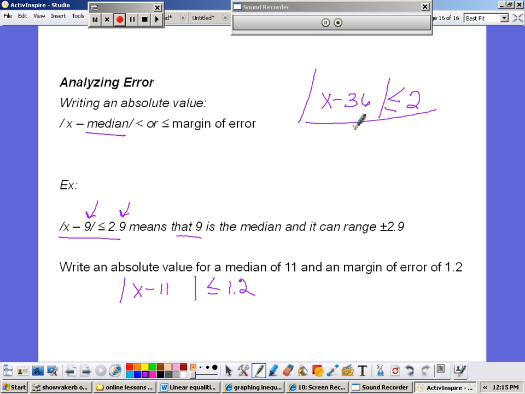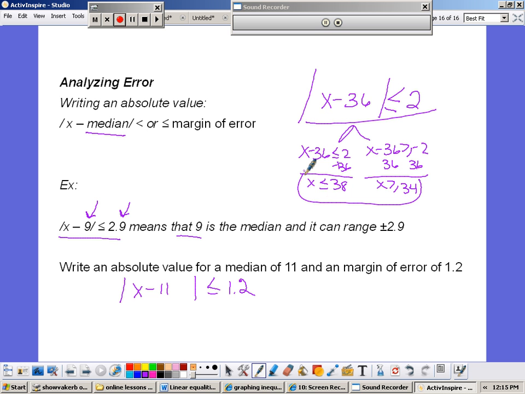Watch when I solve this, what happens. Add my 36. I get x has to be less than or equal to 38. Move my 36. X has to be greater than or equal to 34. So there are my 2-inch variations. Now, you have done equations and inequalities. Now it's your turn to practice.